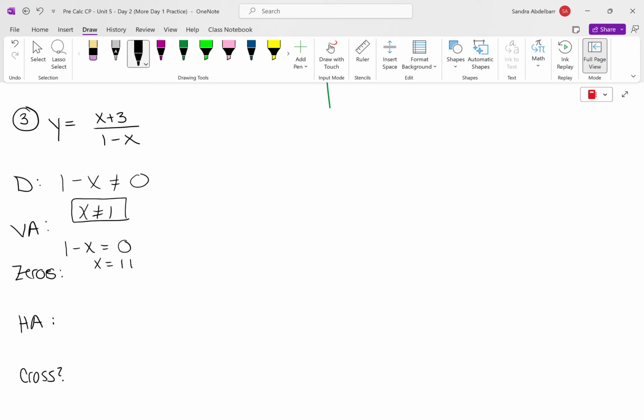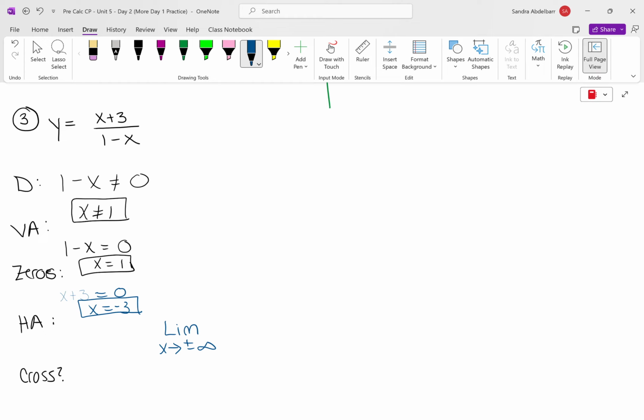So our vertical asymptote is also when our denominator is equal to 0, so we will have a vertical asymptote at x equals 1. Our 0 will be when our numerator equals 0, so x plus 3 will equal 0 when x is -3.